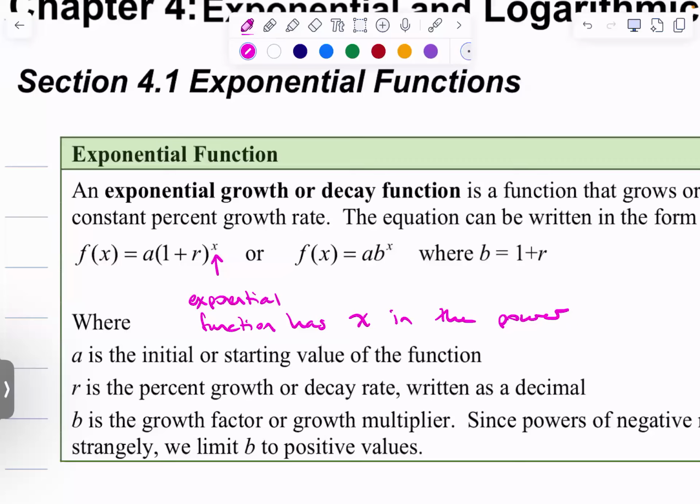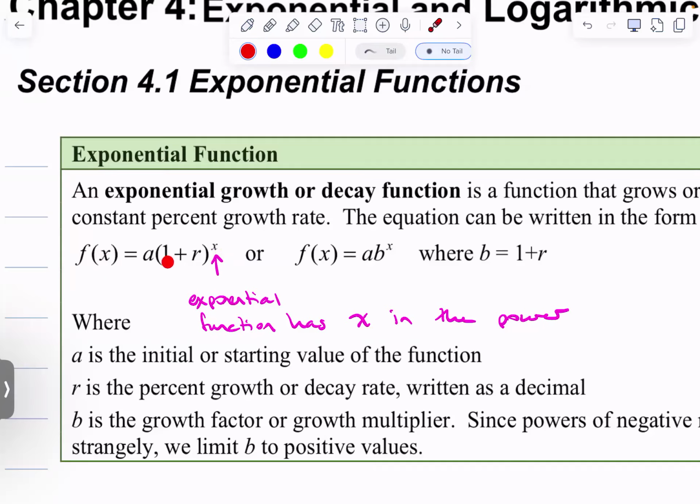Trying not to just call it the exponent, but it is. But sometimes it's better to have more terminology. So this power of x is what makes it an exponential function. Now, f of x says that x is the input, right? And so now the input, or what goes on your x-axis, is in the power.